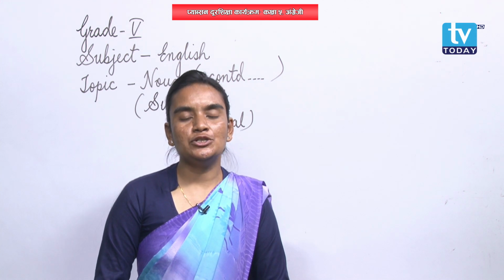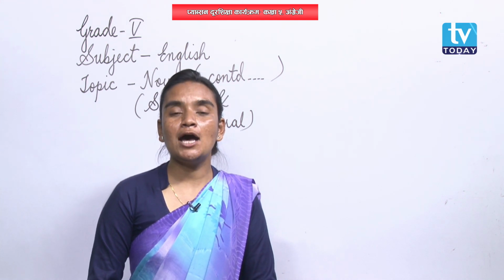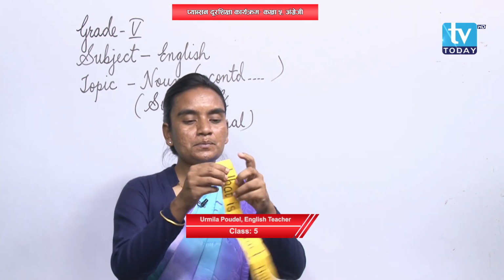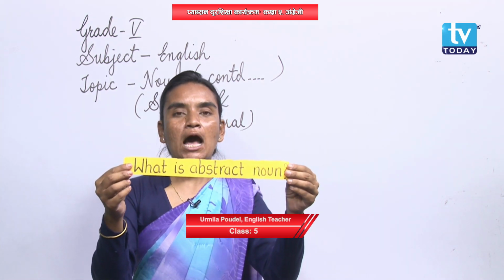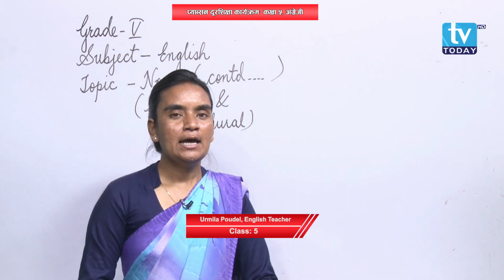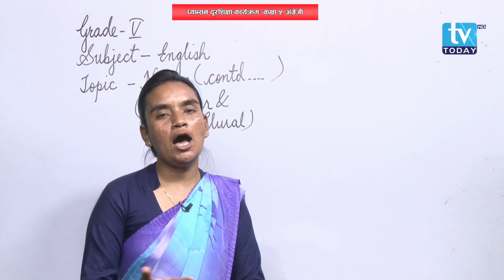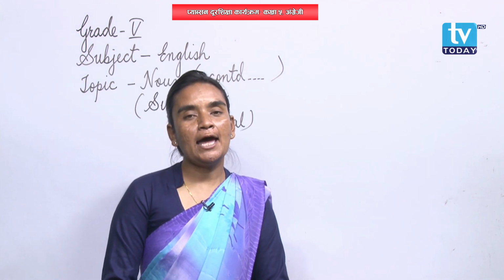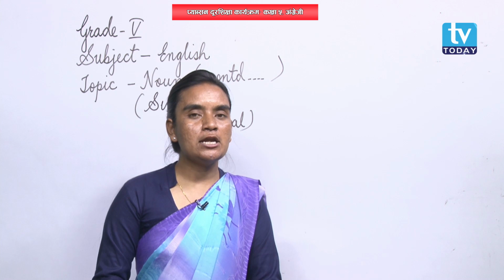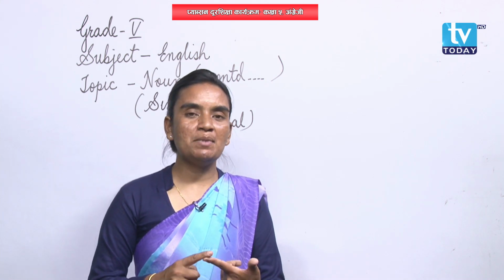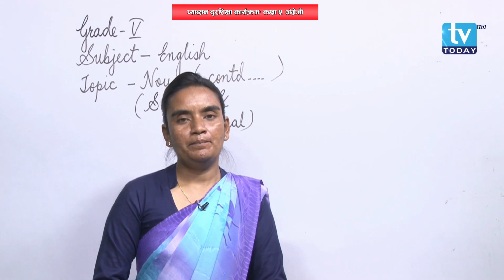So now, dear children, we have the last question for today's game. What is abstract noun? Abstract noun itself consists of the word abstract, which cannot be felt, which cannot be touched, which cannot be seen, which cannot be smelt, and so on.